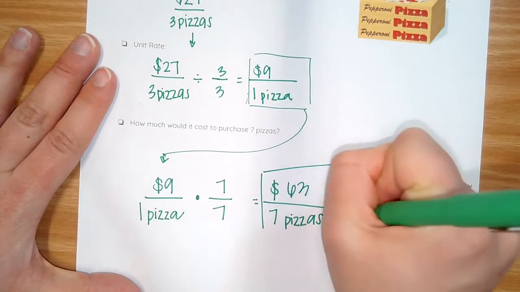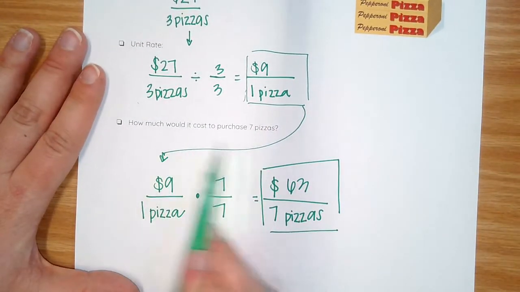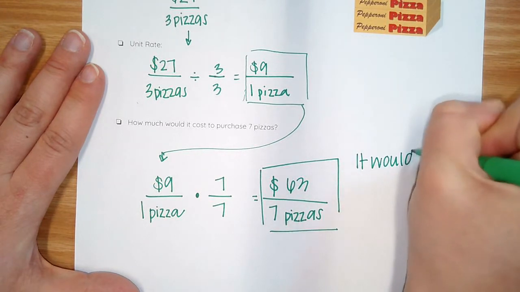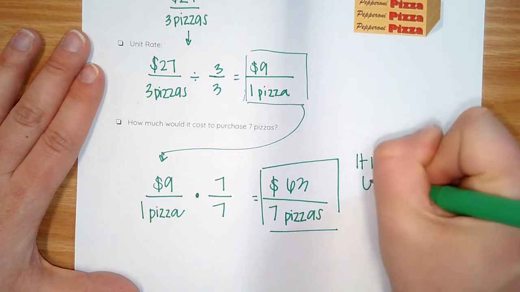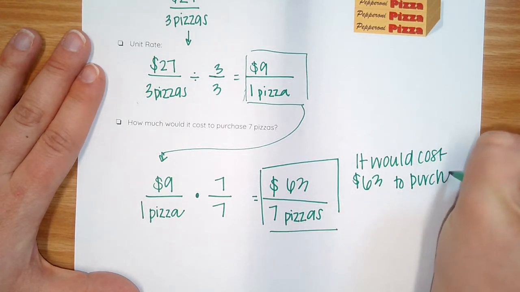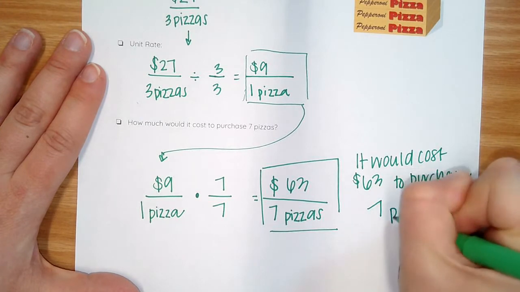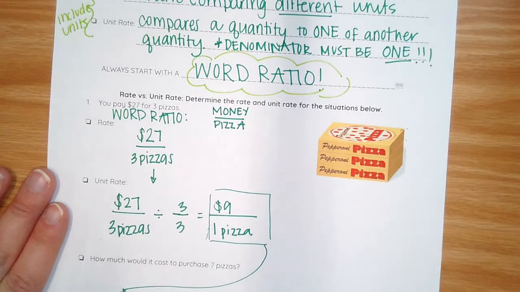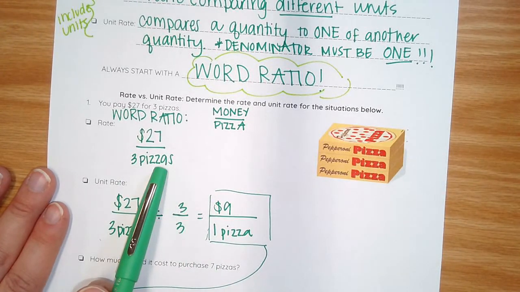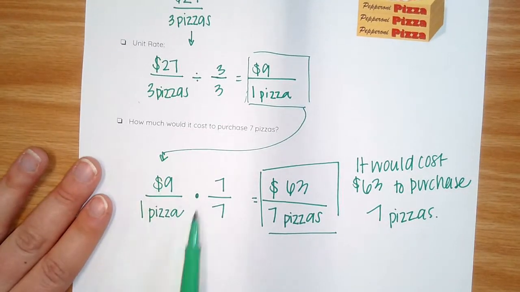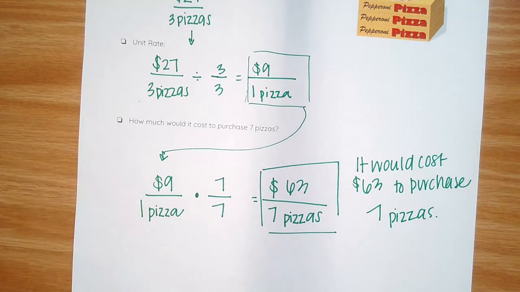Therefore, the answer to my final question is it would cost $63 to purchase 7 pizzas. Okay, so I started with my word ratio, moved to my rate, divided to get to my unit rate, and then I multiplied my unit rate to find my final answer.